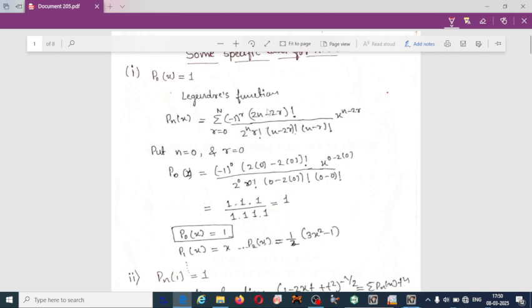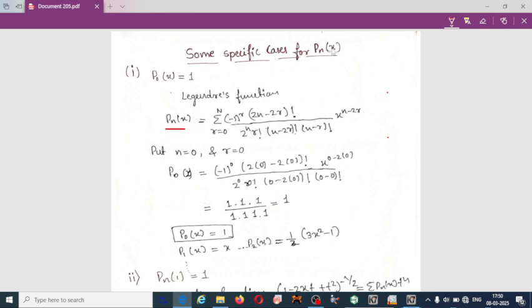Once you derive the solution for Legendre's differential equation, you will get the solution in terms of Legendre's first kind and second kind. The first kind is given by Pn of x. So what are the specific cases of Pn of x? Let us discuss here. Pn of x is Legendre's function.